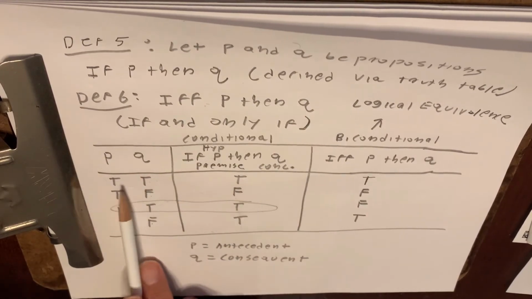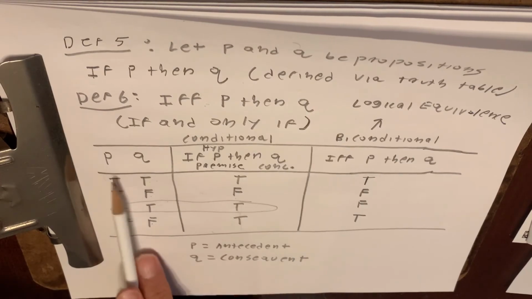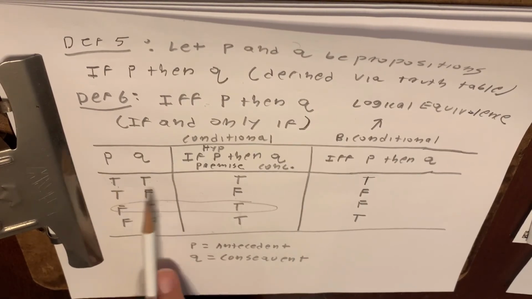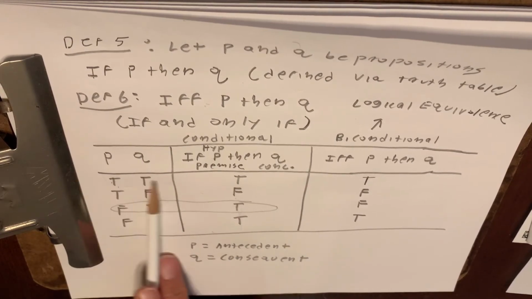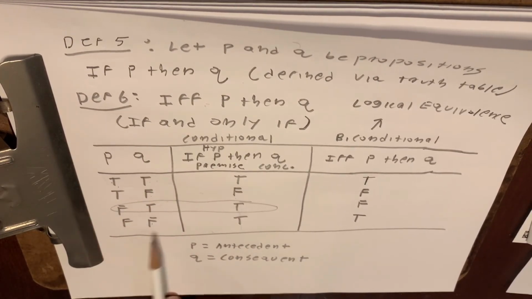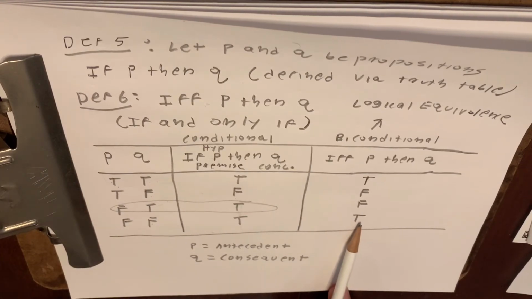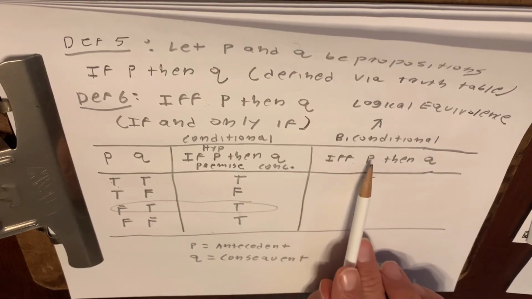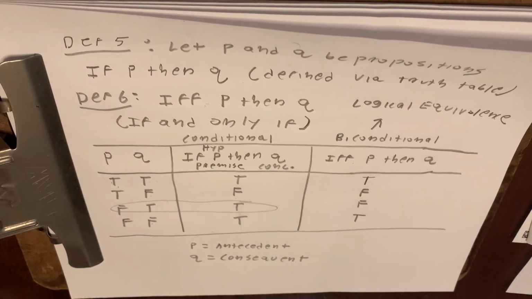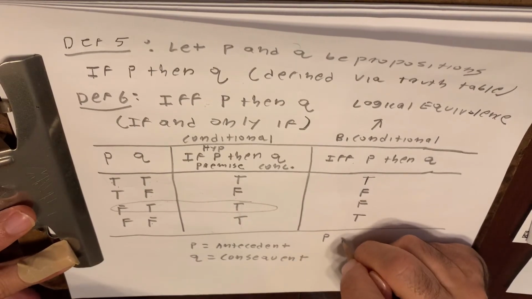That means if P is true and Q is true, the truth value is the same. They are logically equivalent. Same thing with false, false, logically equivalent. And if we have an if and only if relationship between two propositions, another way to say this, which wouldn't be wrong, is P means Q.